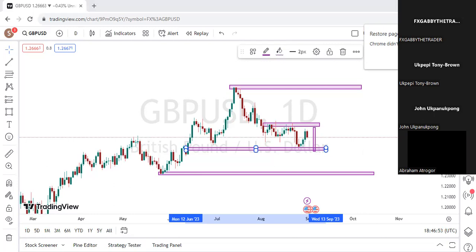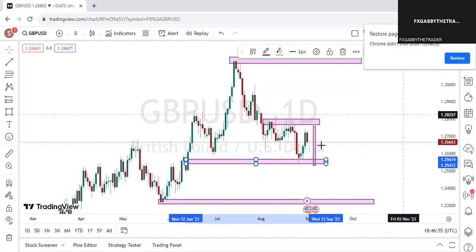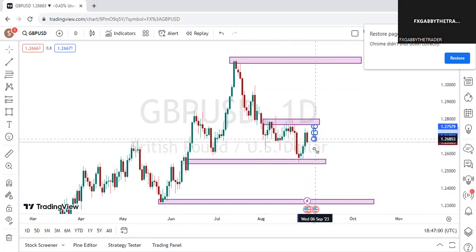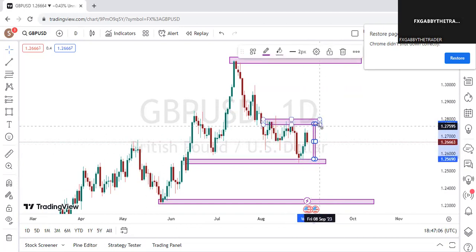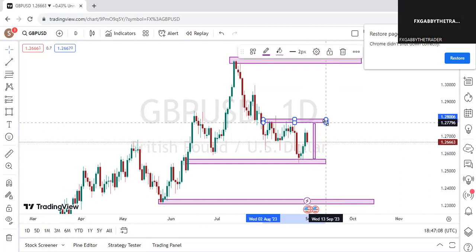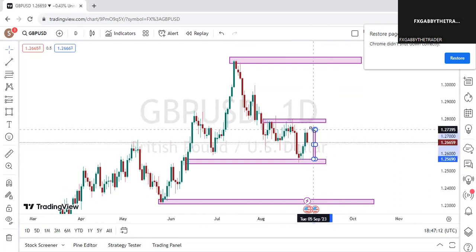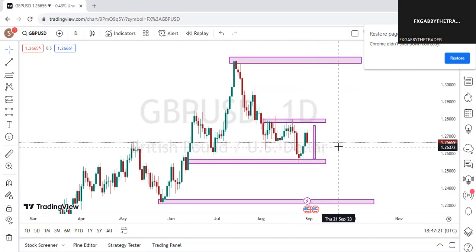So if price drops from this place all the way to this place, the way you would describe it, we are going to use a term for it and say price has moved 30 pips, price has moved 40 pips, price has moved 300 pips. So that's why they said it's the smallest movement in price.